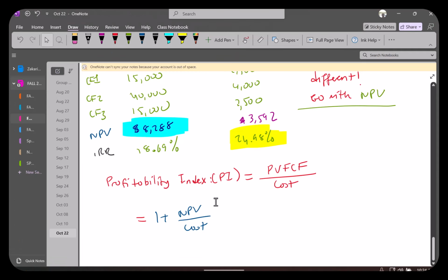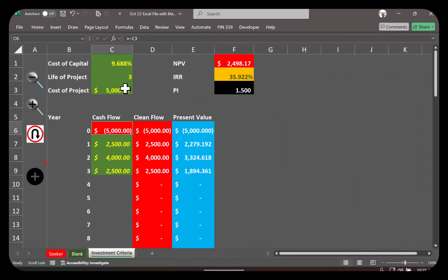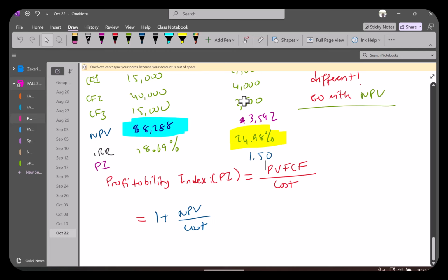let me kind of squeeze in PI in here. And let's do it for project A now. PI is 1.17.